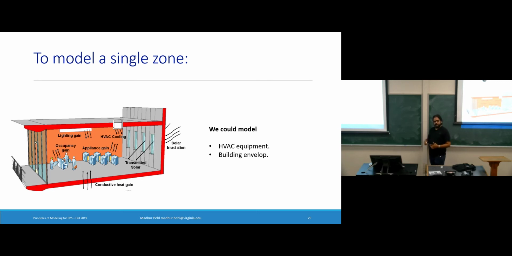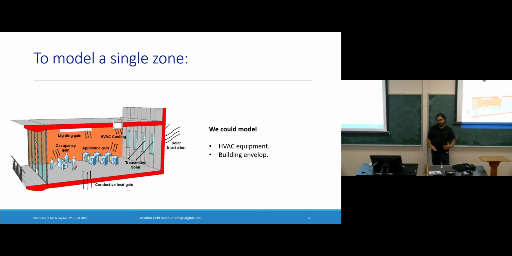Or we can just abstract all of that out by saying that the HVAC system will send some heat flow into the zone at the end of the day. That's what we have already seen happens. So let me just model what we call the building envelope. Let me just model the boundary of this zone, the surfaces of this zone, all the walls, the floor, the ceiling of the zone, and the heat generation by the occupants of the zone.